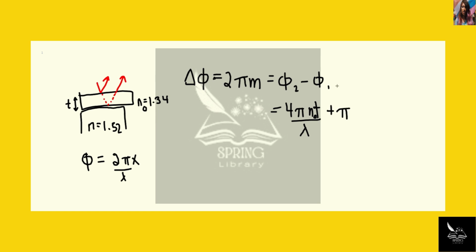Now, is phi 1 undergoing any phase shift that phi 2 isn't? The answer is yes, because this one is reflecting from this surface. So we want to subtract that phase shift, again, where this is a higher index of refraction than up here. And so these nicely cancel, which makes our equation pretty easy to solve.